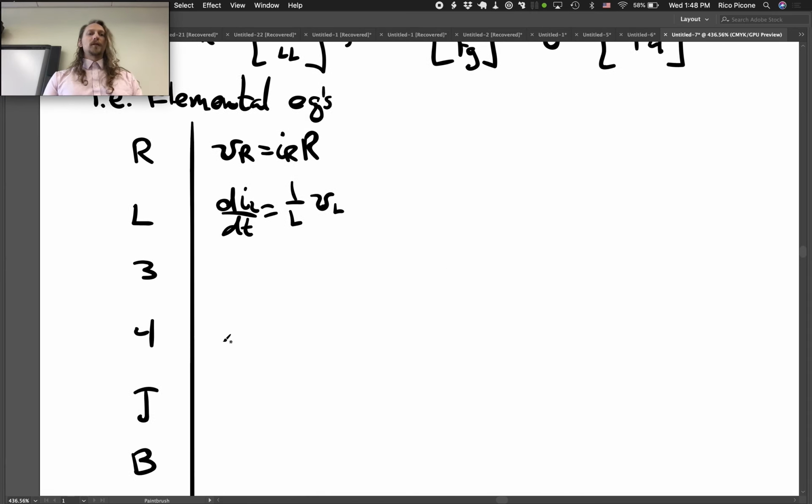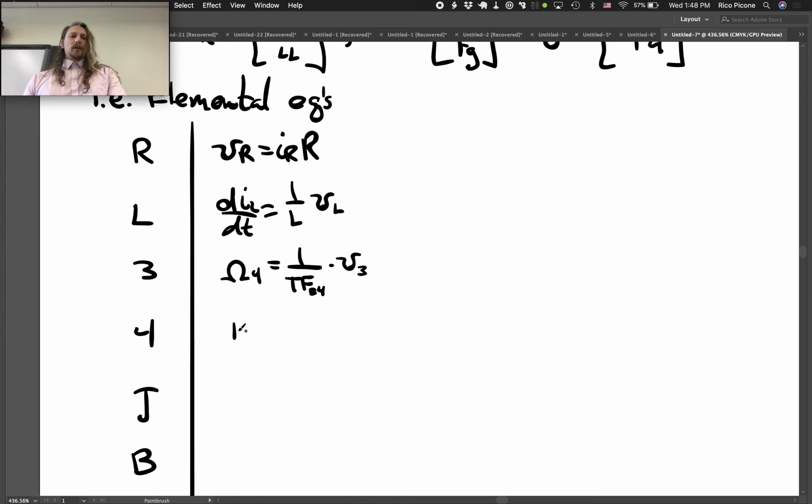It's a transformer, so it always has the relationship that omega 4 equals 1 over TF 3/4, the transformer ratio of the motor, times the cross variable associated with 3, so that's V3, the voltage across 3.